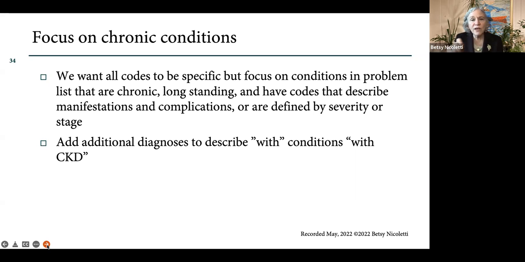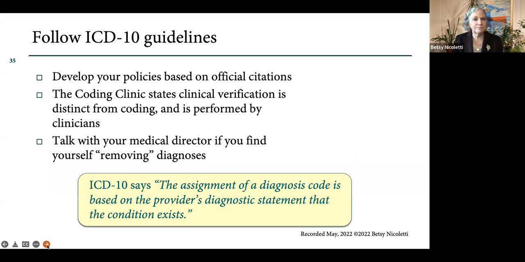And if they have a "with" spasm, with ulcer, or if they're defined by severity, stage 3, stage 4, we want to make sure we use those. And then you add an additional diagnosis following ICD-10 rules. So if it was diabetes with chronic kidney disease, then you would add a specific diagnosis for the chronic kidney disease by the stage.